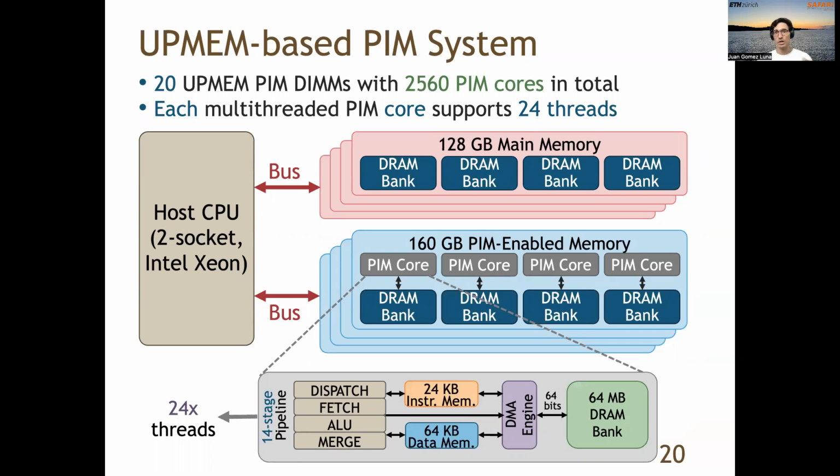Inside each PIM chip, there are 8 DRAM banks of size 64 megabytes. And next to each DRAM bank, there is a PIM core called DPU in UPMEM terminology. That is a pipeline fine-grained multi-threaded core with its own SRAM-based instruction memory and SRAM-based scratchpad memory of a size 64 kilobytes.